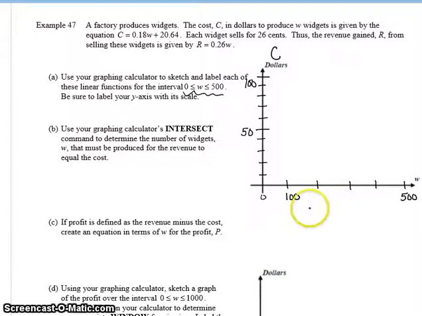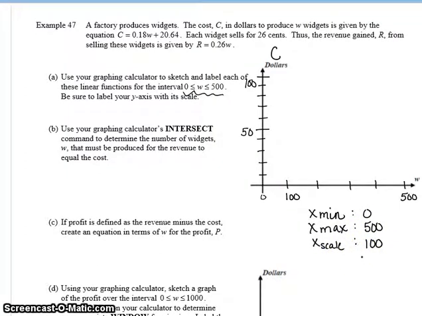You're going to start adjusting it. So you want the X minimum, meaning where you're starting at. You could start at 0. Your X maximum, okay, this is my X, my W, is going to be 500. And then it asks you like the scale, I think it says, what you're going to change it by. Well, we're going by hundreds.